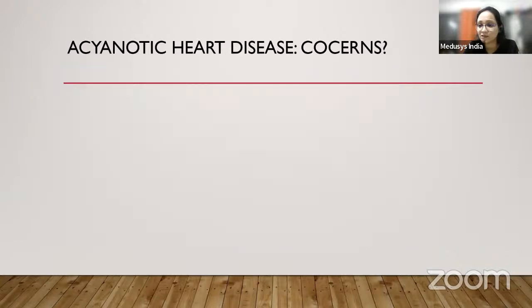What are the concerns whenever you are dealing with a patient who has a congenital heart disease? Dr. Geethu, would you like to answer? Yes, ma'am. In acyanotic heart disease, mostly the shunting is from left to right. That leads to increased pulmonary blood flow, which leads to recurrent respiratory tract infection.